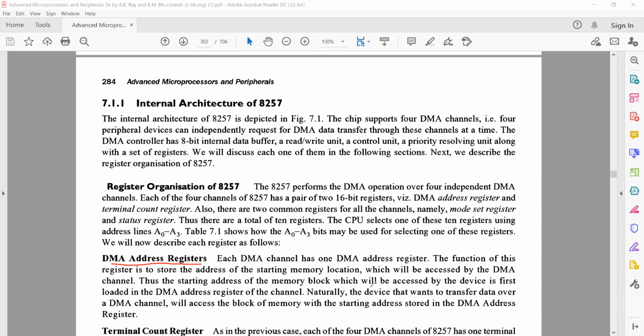The function of this address register is to store, this is the important point, note down, the address of the starting memory location which will be accessed by the DMA channel.